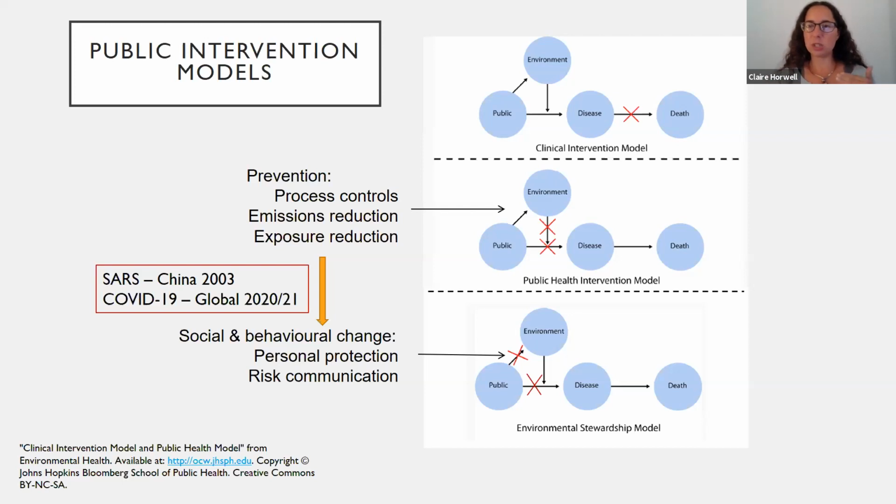And then there's what's actually causing this problem, which is, in this case, the environment. So the clinical intervention model that you can see at the top here basically is the medical model. So when doctors will actually come in and stop you dying by halting a disease in its tracks, by curing the disease or trying to reduce its level so that you don't die.